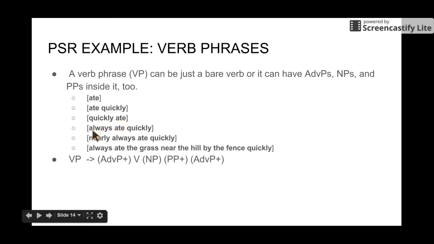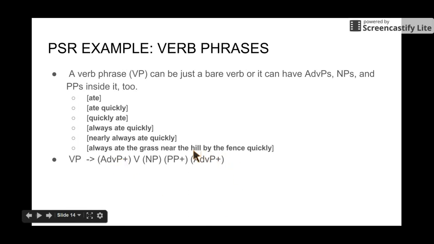Quickly ate, and we can have two adverbs. Always ate quickly, right? And we can have more than one adverb preceding the head. So we can use a plus sign here, right?